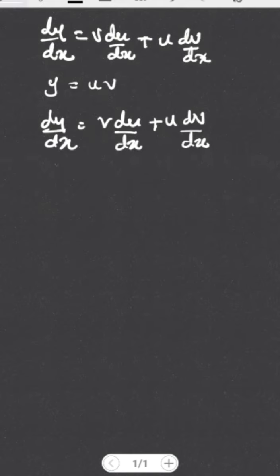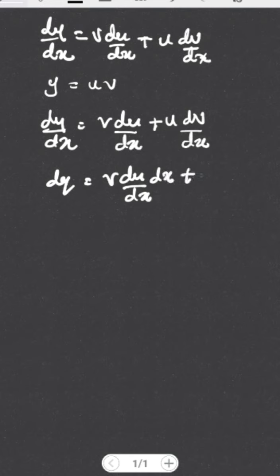Oh, it is a plus. So if I write it out, this is dy, which would be equal to v du/dx dx plus u dv/dx dx, and therefore this would lead to integration.